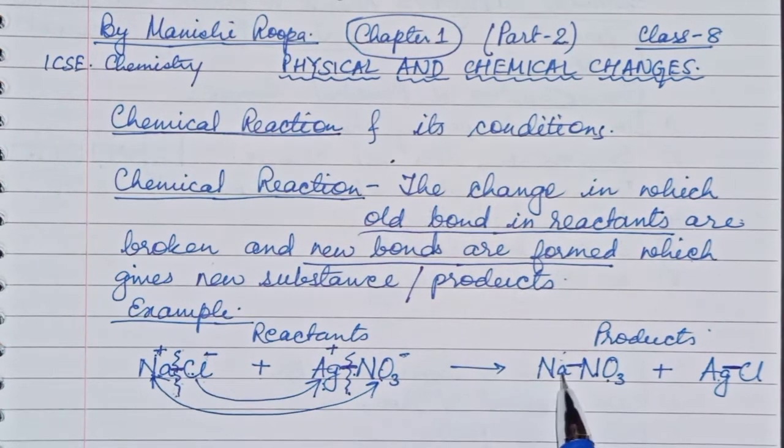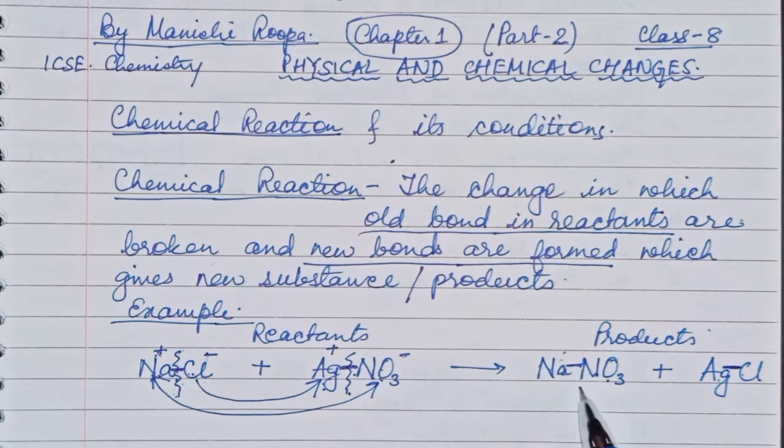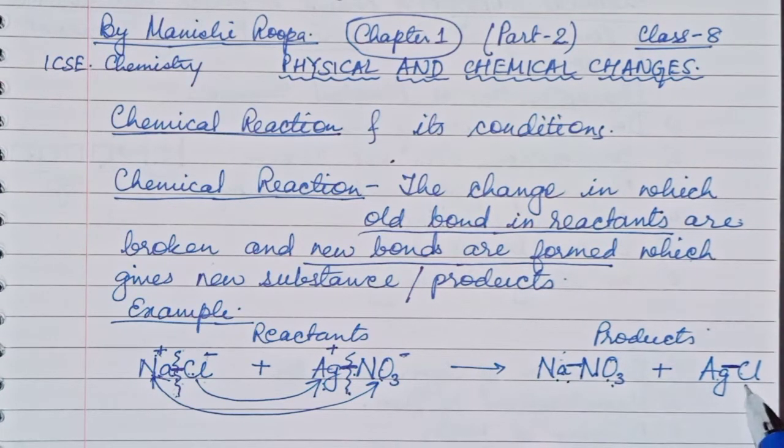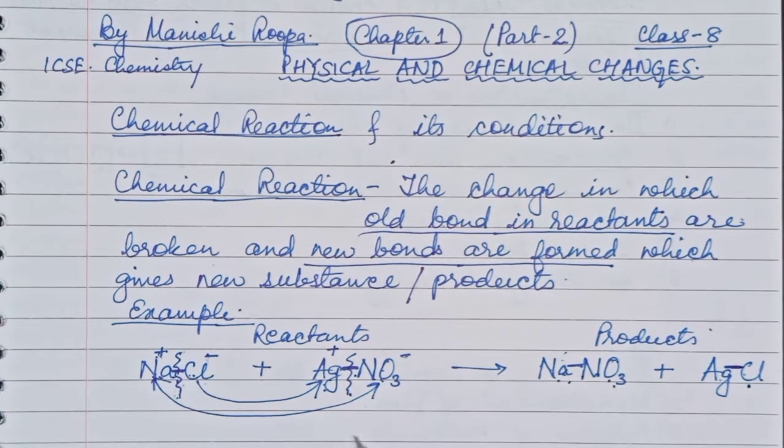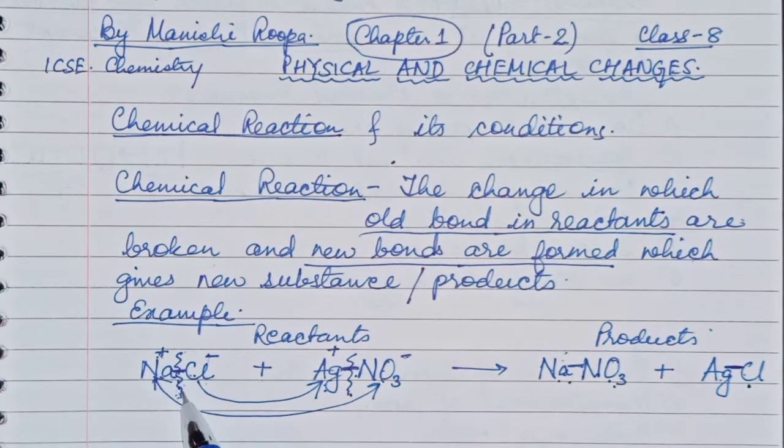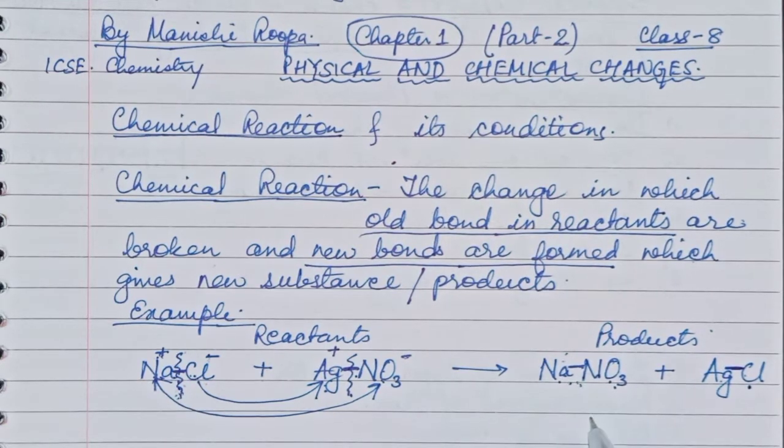They will form a new compound with totally new properties. This is called the product, and here it is sodium nitrate and silver chloride. This type of reaction, in which breaking of bonds and formation of bonds is taking place, is called a chemical reaction.